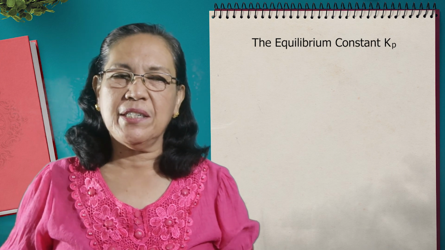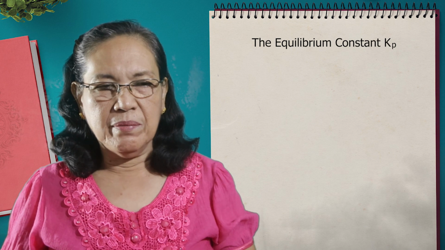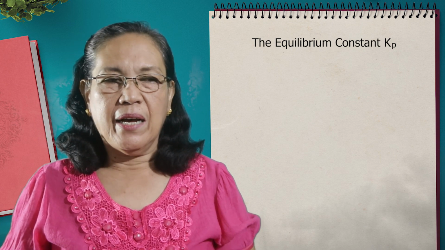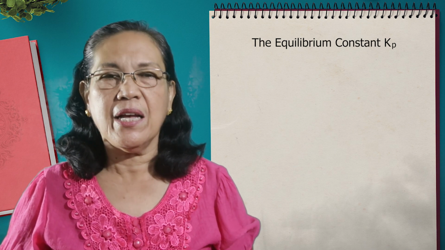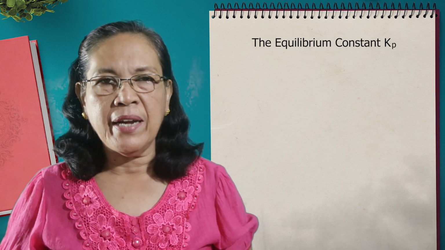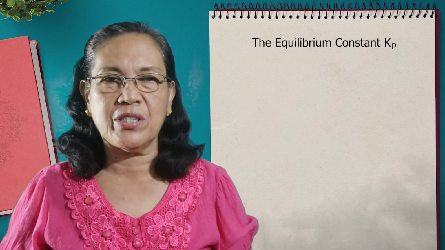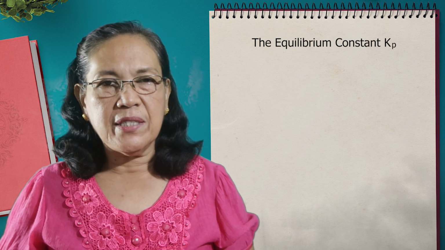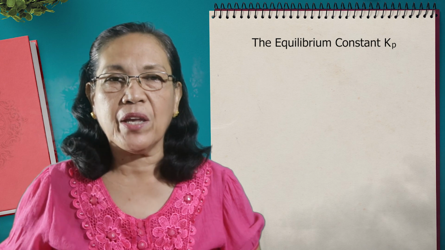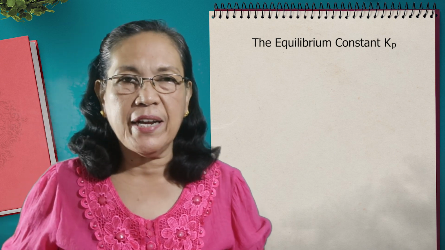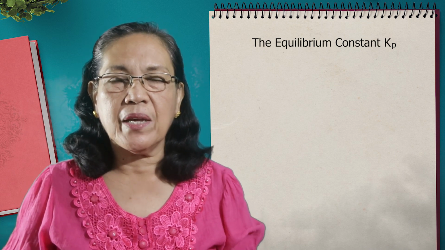The fractional term in the last equation is equal to Kc. Where is that Kc? That is referring to the concentration of the products Y and Z divided by the concentration of the reactants W and X. Because these are expressions of concentrations, we can represent it by Kc. So what will happen to the final formula of the equilibrium constant Kp?